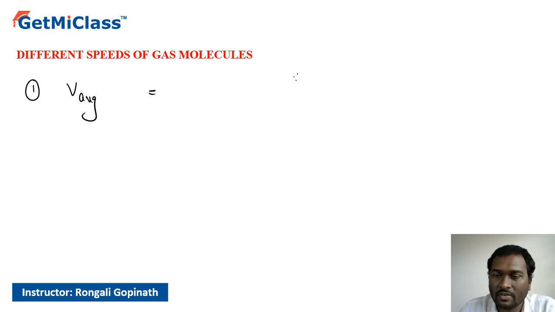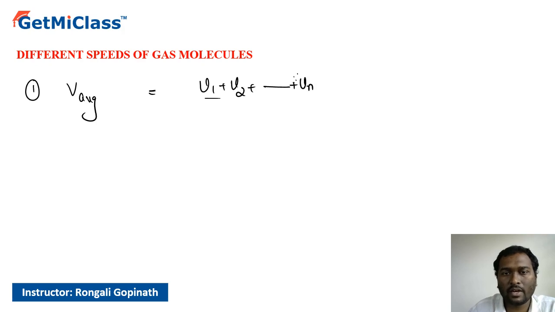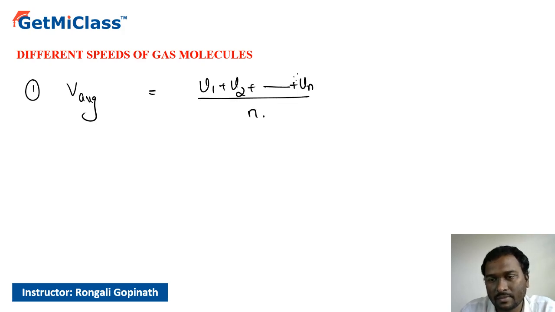And you know what average is? It is the summation of individual speeds divided by the total number of speeds. Let's say I have n molecules. All the n molecules might have different instantaneous speeds. At that instant, these are the velocities. Divided by the total number of molecules will give me the average speed.